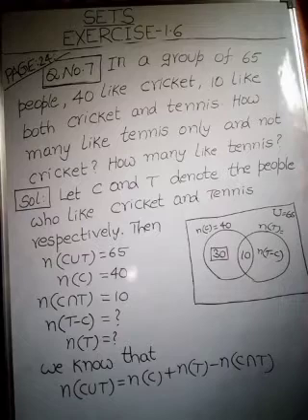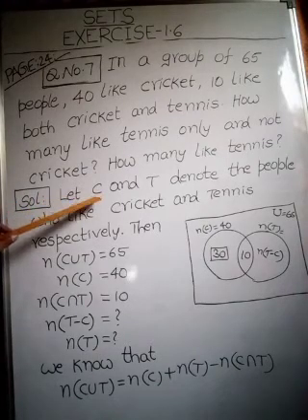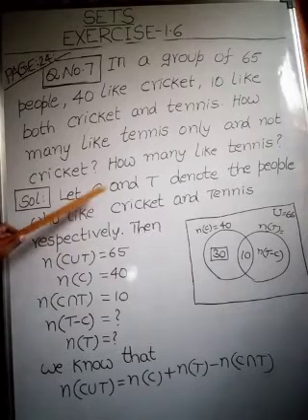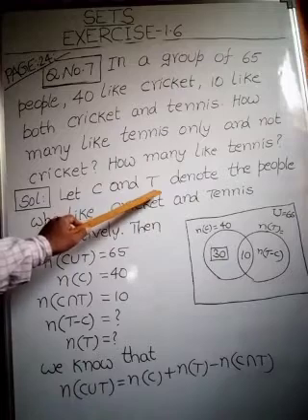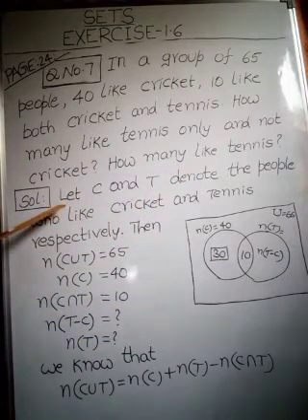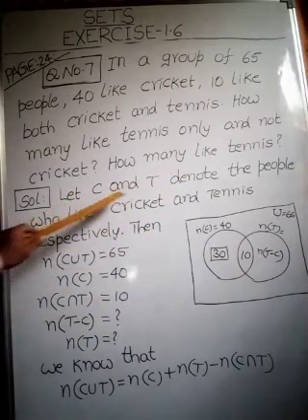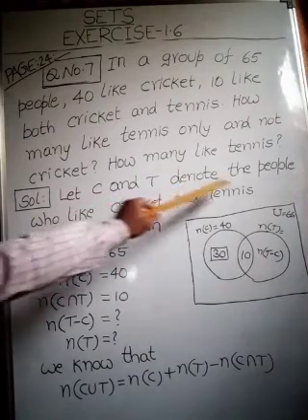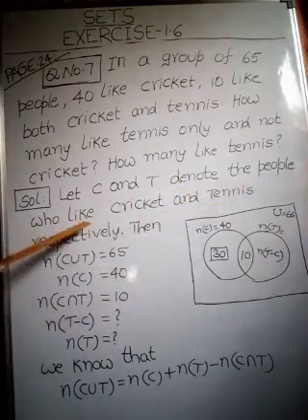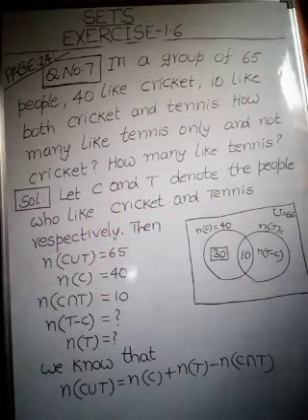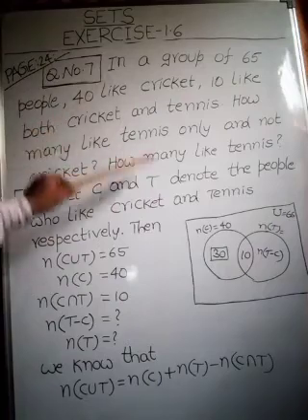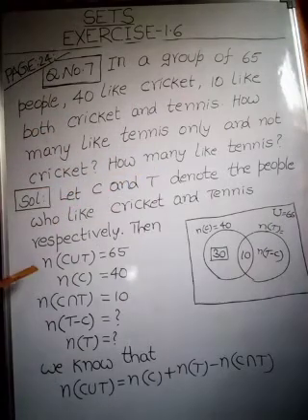Now, let us consider the letter C denotes the people who like cricket and the letter T denotes the people who like tennis. So I wrote this sentence: let C and T denote the people who like cricket and tennis respectively. Then the given data can be represented with the help of notations like this.